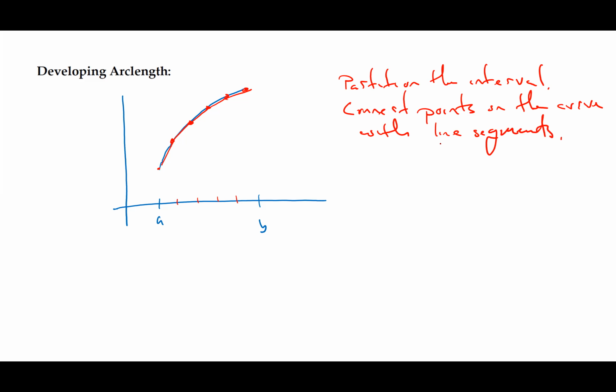Well, why line segments? Because then we can use the distance formula. I started by saying, gosh, I sure wish instead of a curve that was a line, because then I could use the distance formula. Well, okay, how about we just create a partition and then use the distance formula a whole bunch of times?